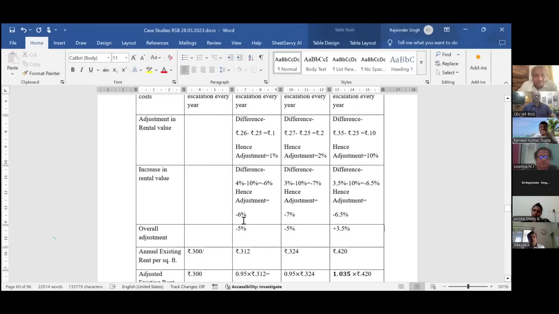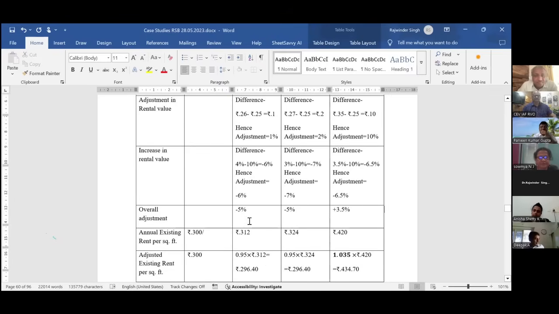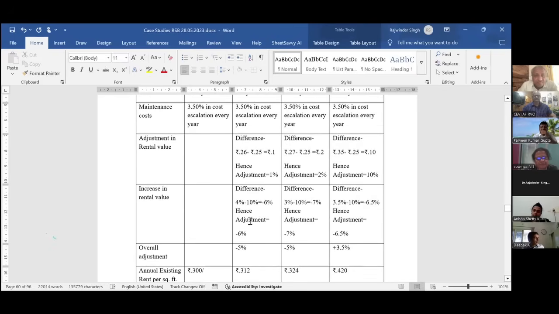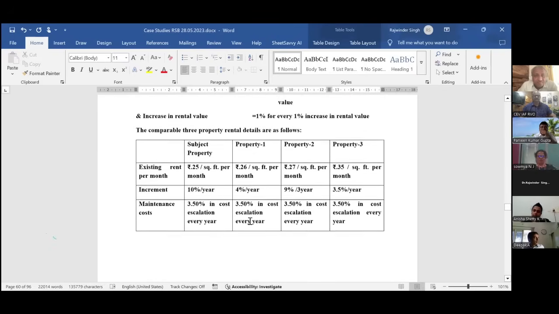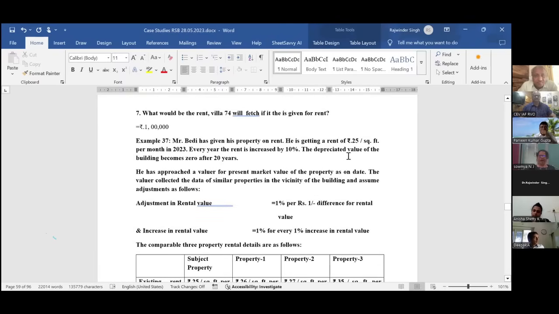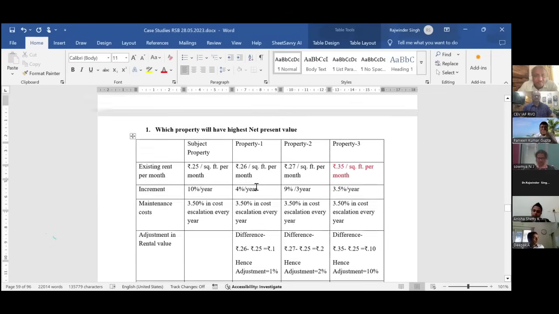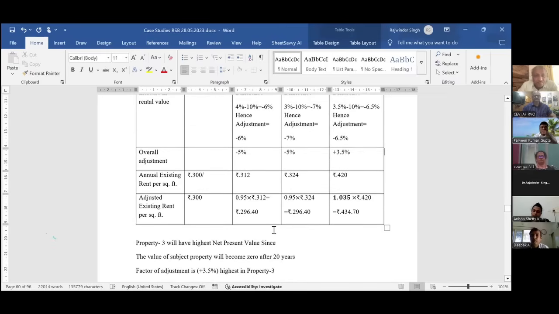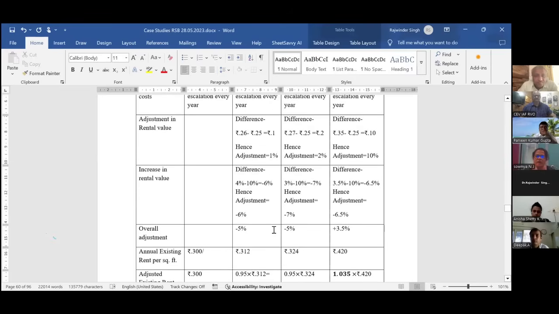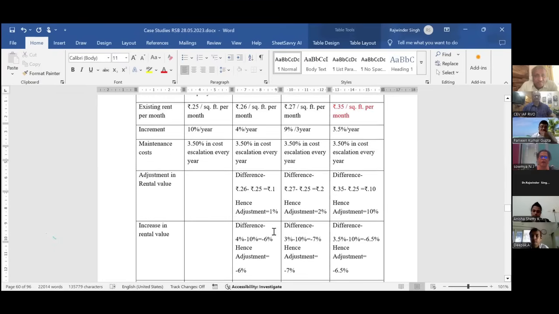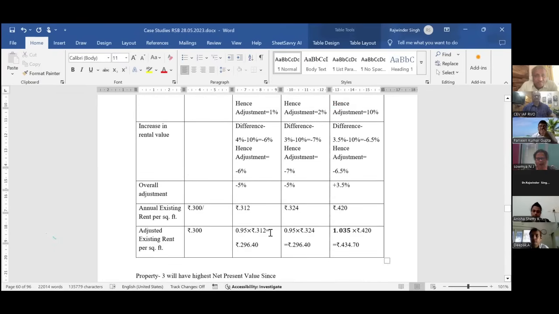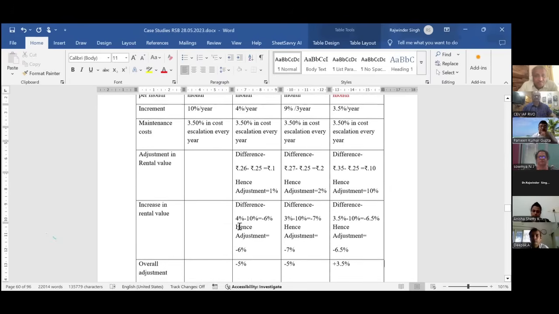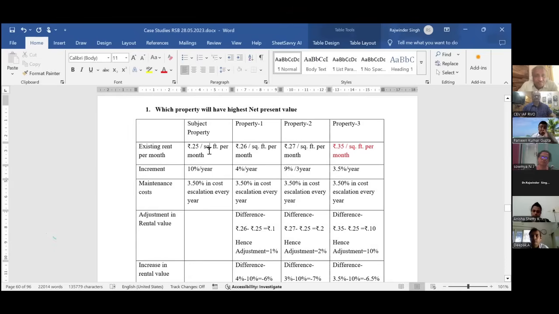So rental value will be, if you calculate it, 25 rupees per square feet per month.